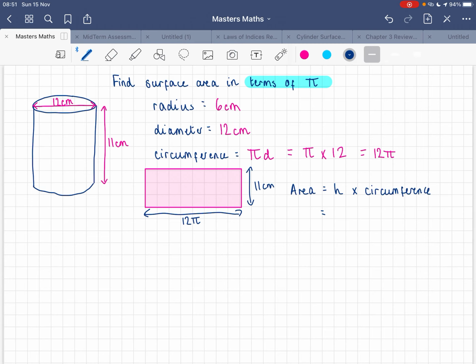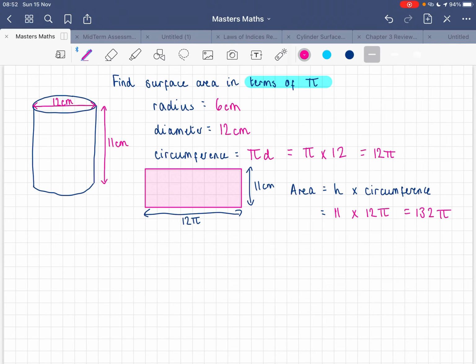So I'm timesing 11 by 12 pi. Now again, treating pi as if it is a letter, so I'm not multiplying it and getting a decimal. I'm just going to do 11 times 12 and then put pi on the end. So that's 132 pi. That gives me the area of the rectangle.